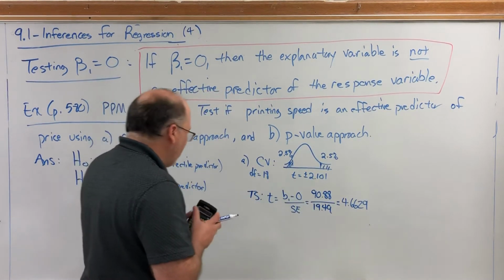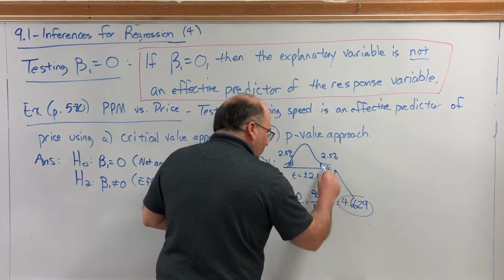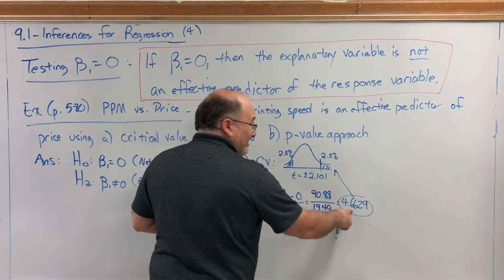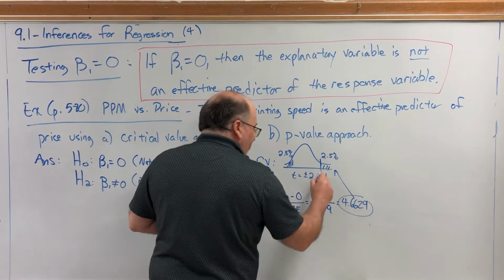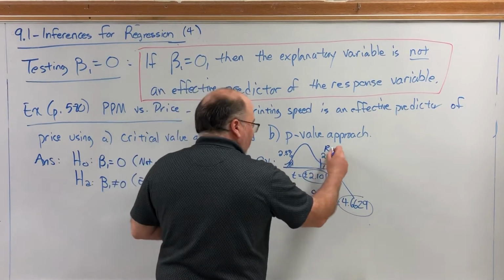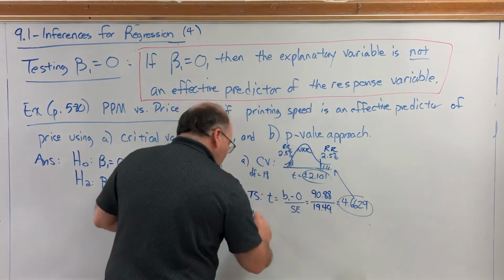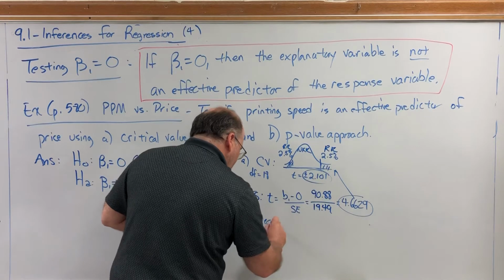And what decision do we make based on that? This test statistic falls to the right of this positive critical value, in the rejection region, which I didn't label before. And so our decision is to reject the null hypothesis.